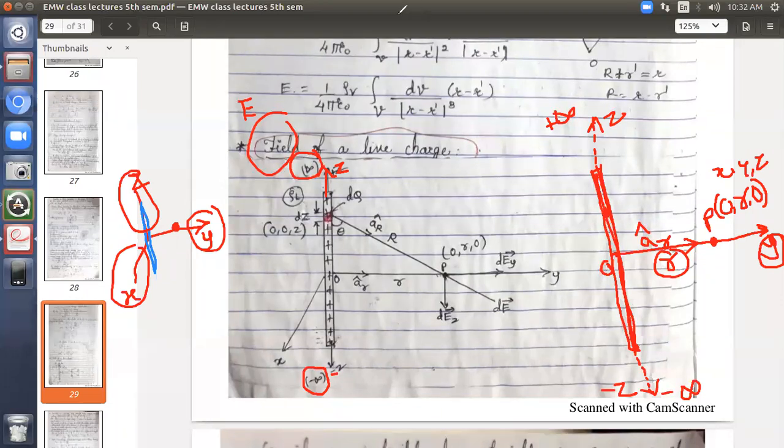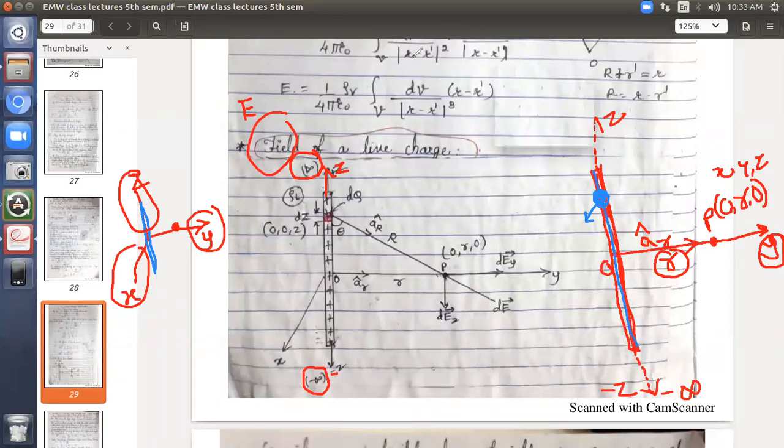Here also, to find the electric field intensity, the complete line wire we have taken, we will not consider the complete. We will take a small portion of that wire. We will apply the concept. We will check what is the field there. And then once we get the field at this point, we will apply the same concept throughout the length of the wire by integration.